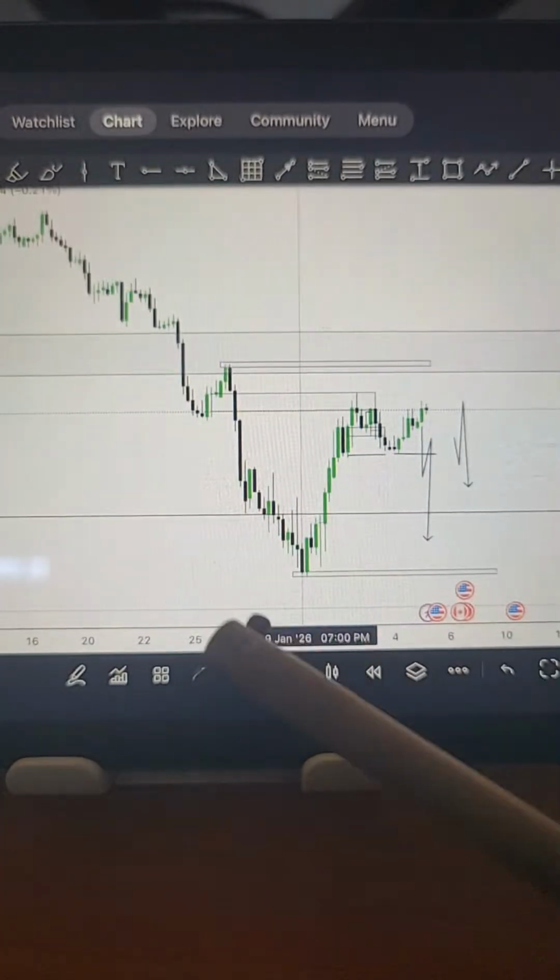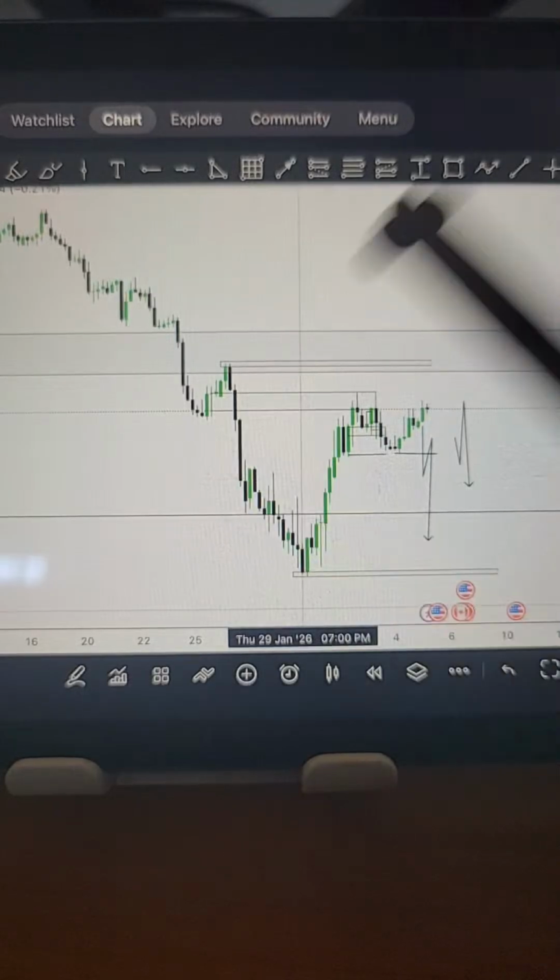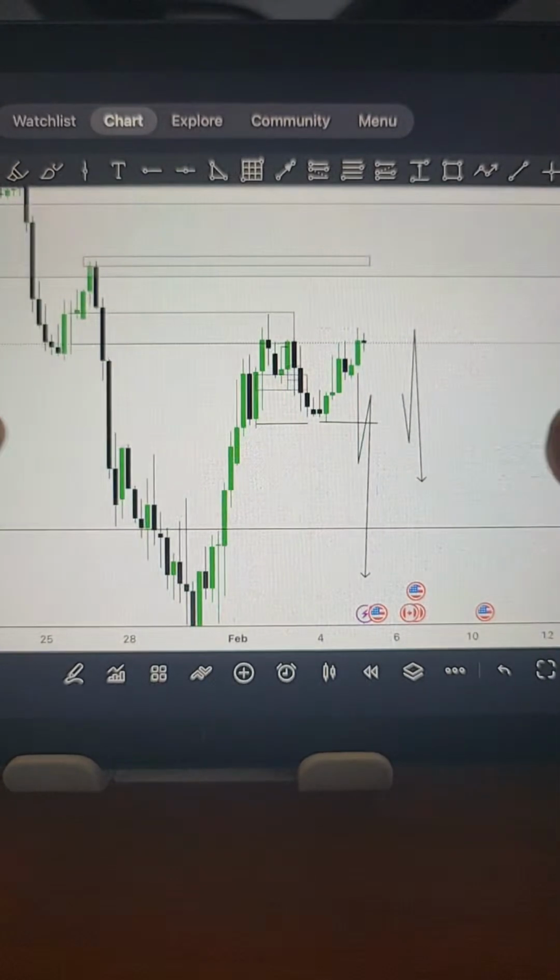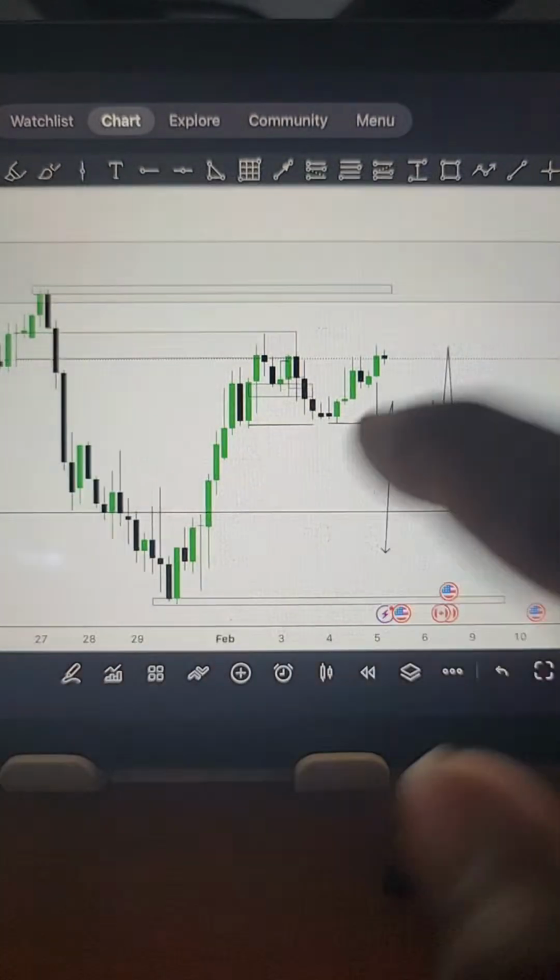This swing point and this swing point, this high and this low, from this zone to this zone, is my area of interest.